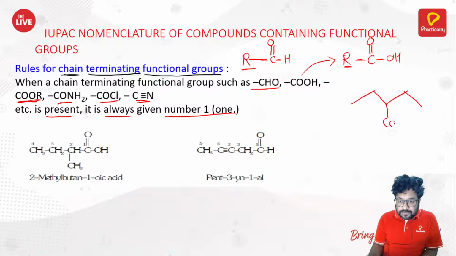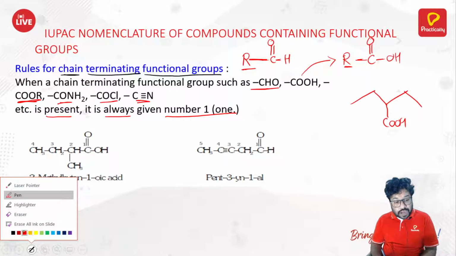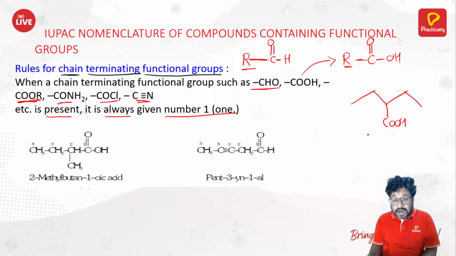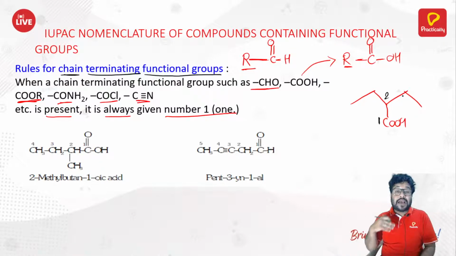See, now your functional group is present right at the middle of the chain. Now what do you do? How would you name it? You start counting from this carbon now. 1, 2, and you can go in any direction. Whichever direction has the longer chain, you need to go in that direction.